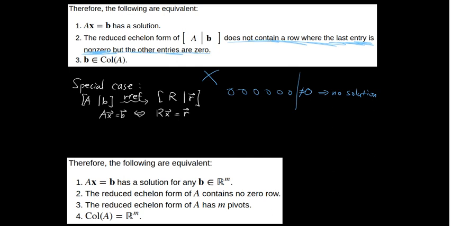Okay, now there is a special case example. Say we have A with rows 1, 1, 1, 1, 2, 2. And now I don't really care what b is.